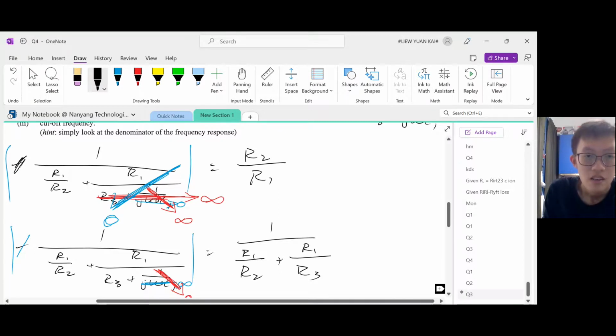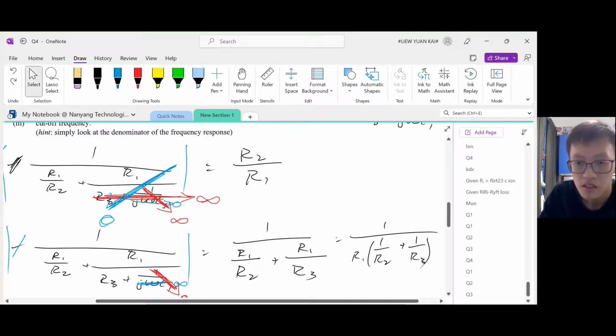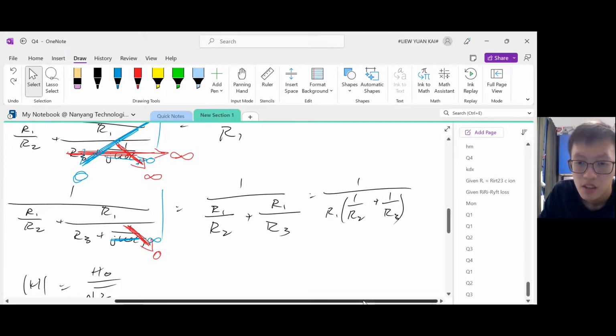Okay, so this is not easy. This R1 and R1, let's try to divide them. I mean, let's try to factorize it out. Now what I'm going to do is simplify this into a single fraction, so cross multiply.